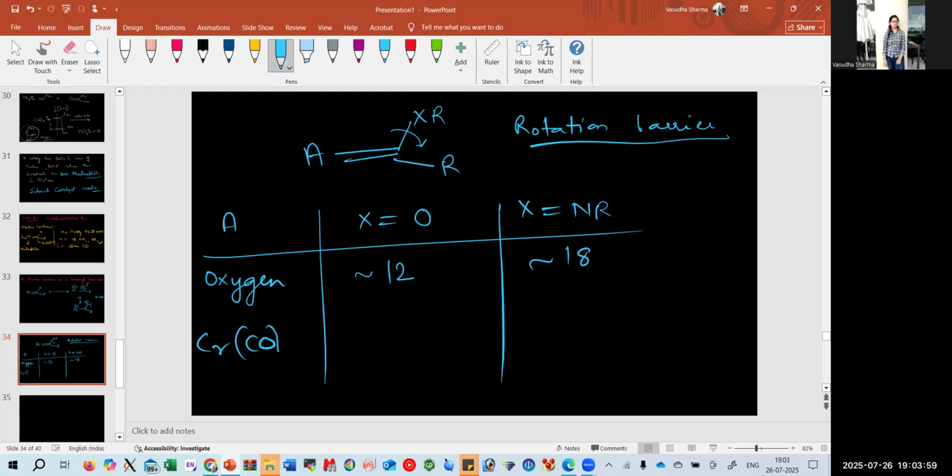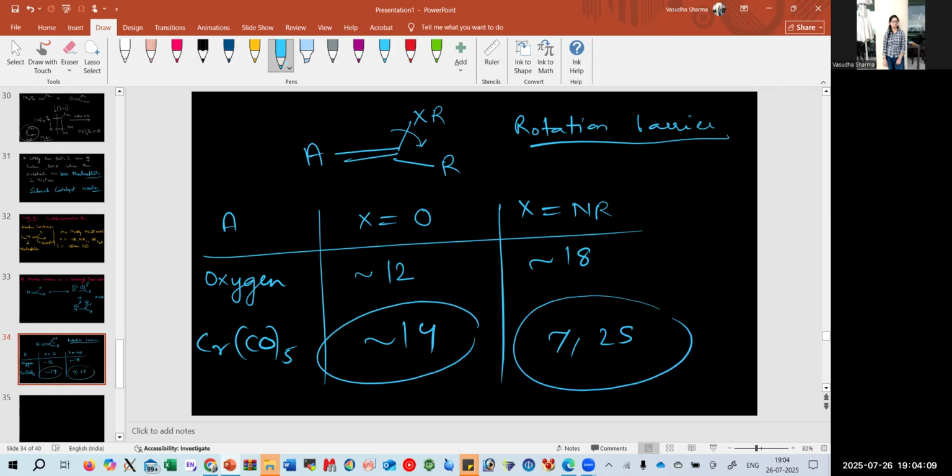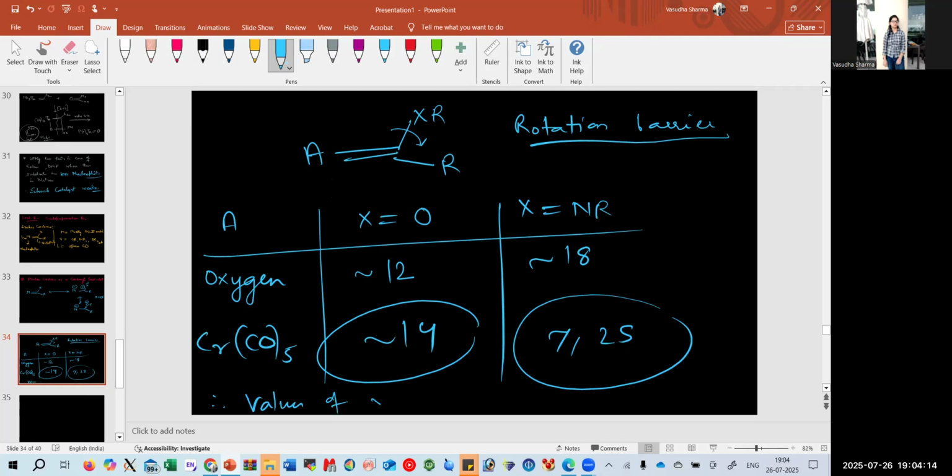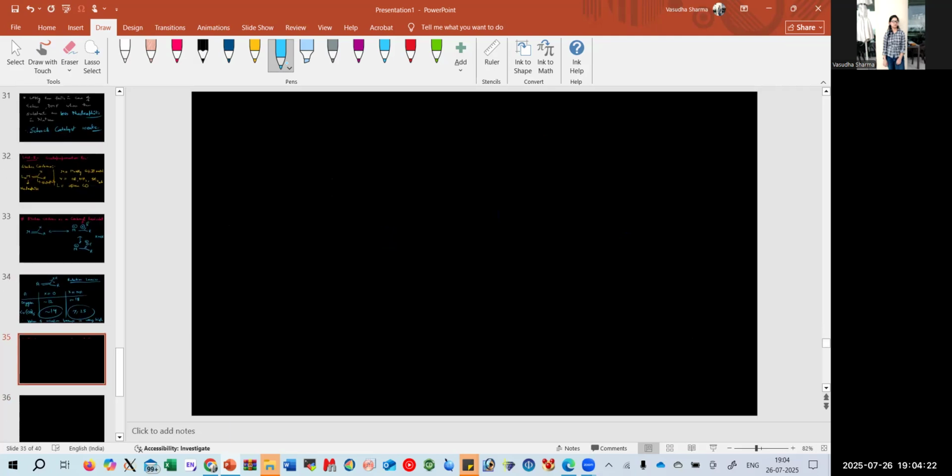If instead we have a Fischer carbene, which is Cr(CO)5 group, this would be 18 and this is greater than or equal to 25. Since these values are very, very high, the rotation barrier is very high for the Fischer carbene case.